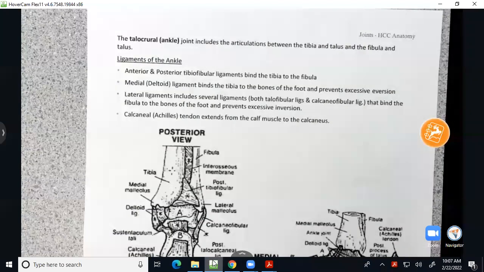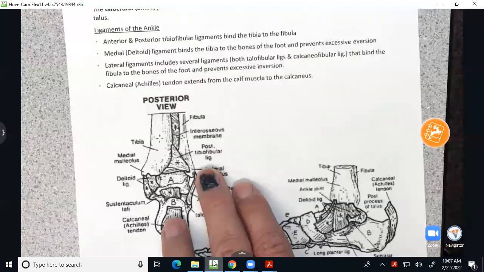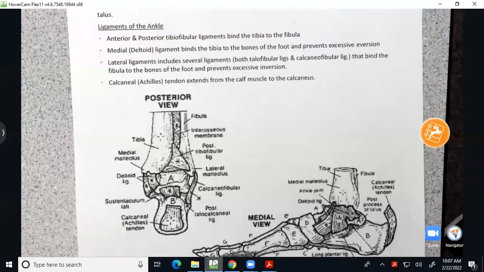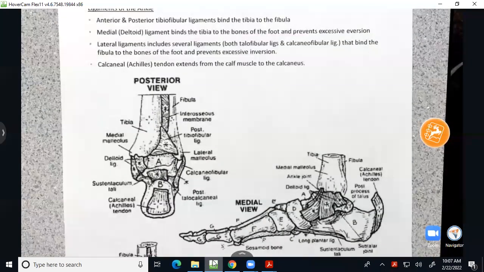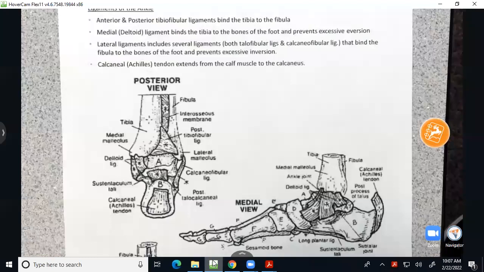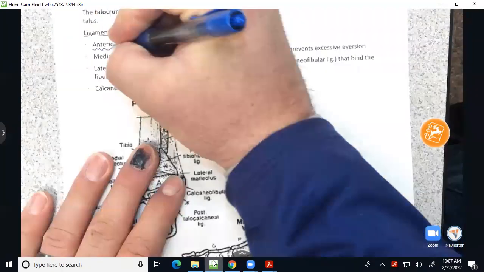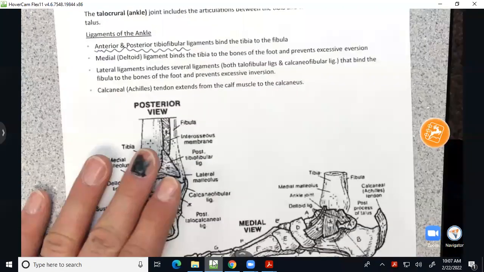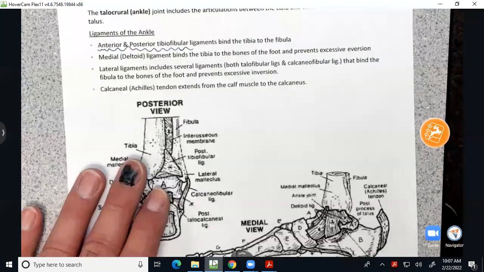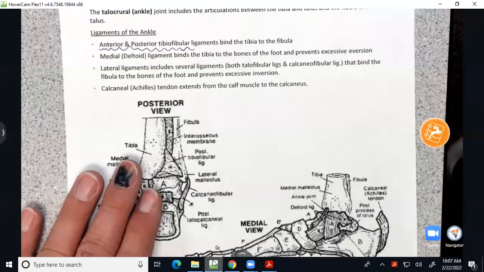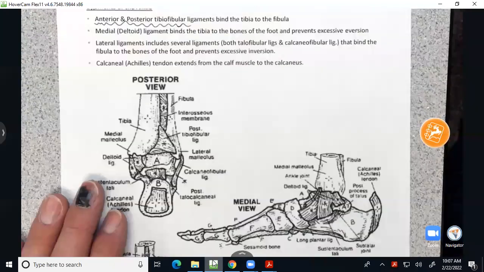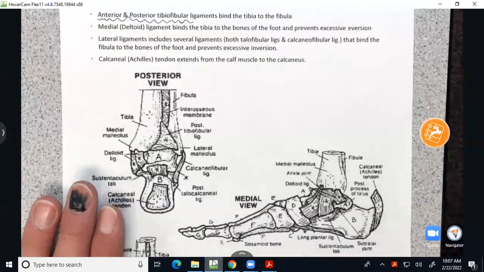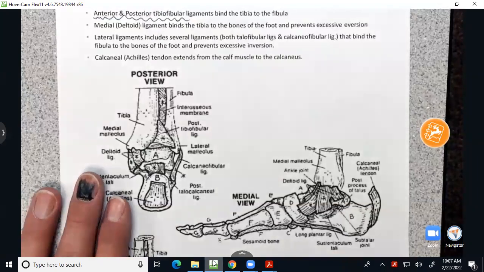Okay, we've got a posterior view that's just looking at the back of the ankle, a medial view, and then a lateral view at the bottom. We have the first two ligaments. I'm going to color those together: the anterior and posterior tibiofibular ligaments. That's the color blue. It doesn't show up very well, but they help hold the tib and the fib together down there by the ankle.